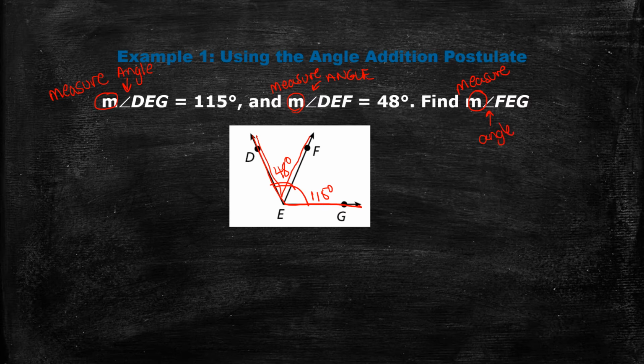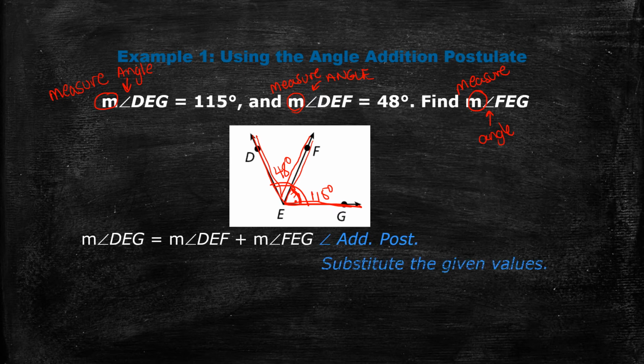FEG. So pay attention to how we are abbreviating, please, because we are going to be using those abbreviations ourselves. So we have FEG is what we're looking for, this inner angle as well. What does this angle measure? So we can set up the angle addition postulate. We know that the measure of angle DEG, the whole big angle, is equal to the two smaller angles added together, DEF and FEG.